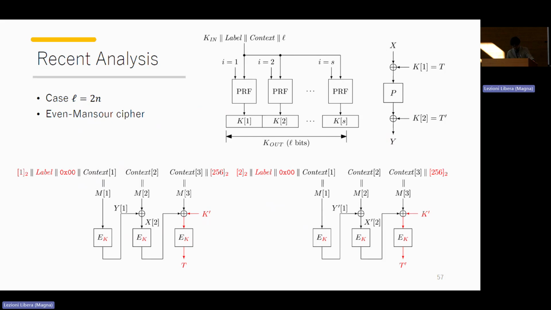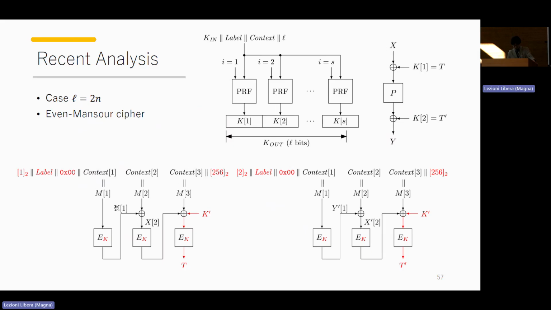Okay, so let's see one more example where we want to output 2 blocks of K out. So assume that K out has 2 blocks. Maybe we want to use these keys as the key for the Even-Mansour cipher. So the PRF is called twice, so we call CMAC twice.